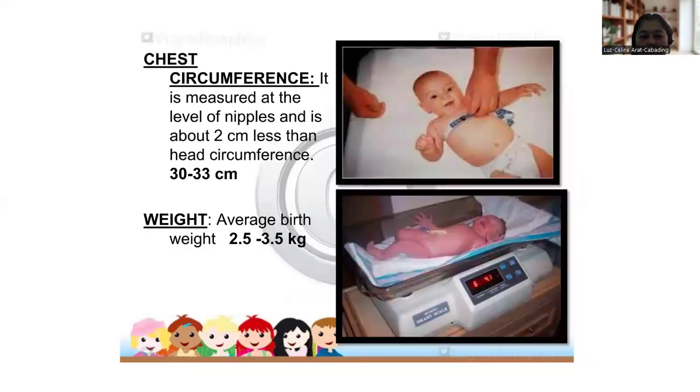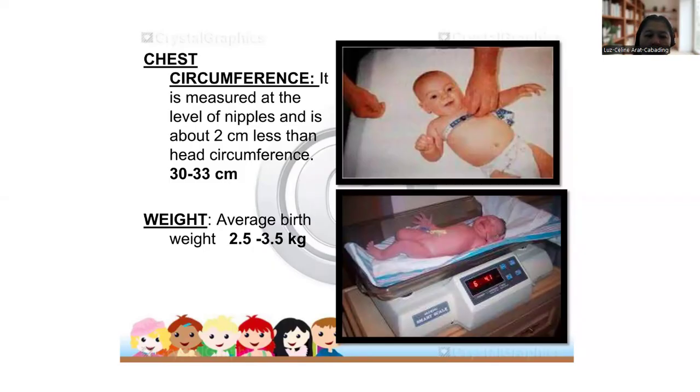We also measure chest circumference, which is measured at the level of the nipples, which is about 2 centimeters less than the head circumference. So as you can see, the head is expected to be larger in circumference, and the chest is only 2 centimeters less, so almost equal.